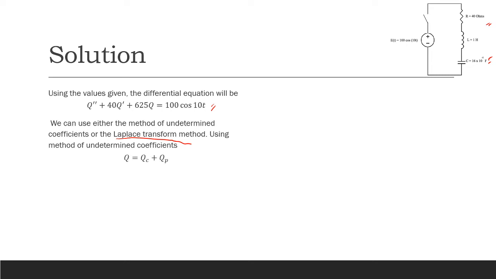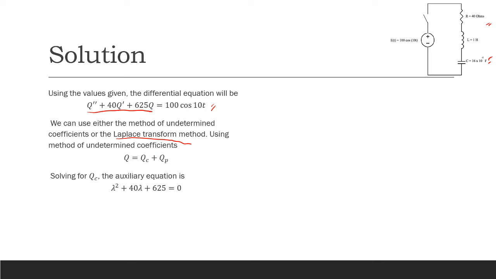Okay, using method of undetermined coefficients, the general solution q is equal to qC plus qP. qC is the complementary, qP is the particular. So, first, let's solve for qC. So, ang qC natin is just the general solution na to, q double prime plus 40q prime plus 625q.